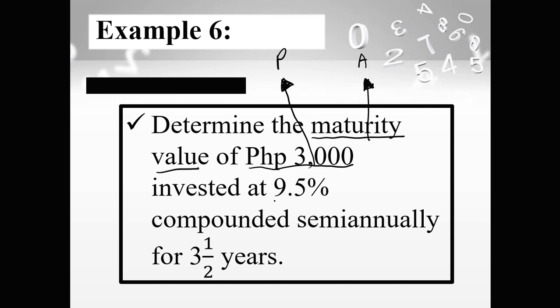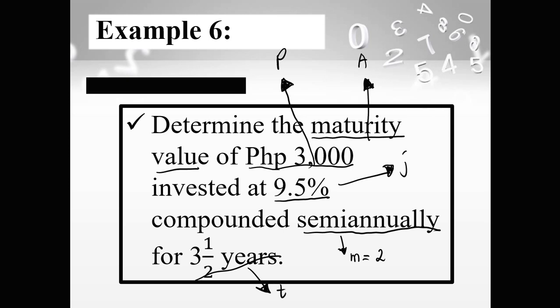At 9.5%, of course, this will be our nominal interest rate represented by small letter j. Compounded semi-annually. So, conversion per year, which is letter m. Semi-annually, so we have 2 times a year. For 3.5 years, which will be our time.